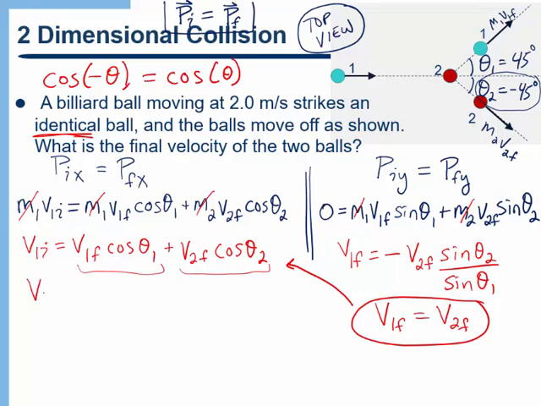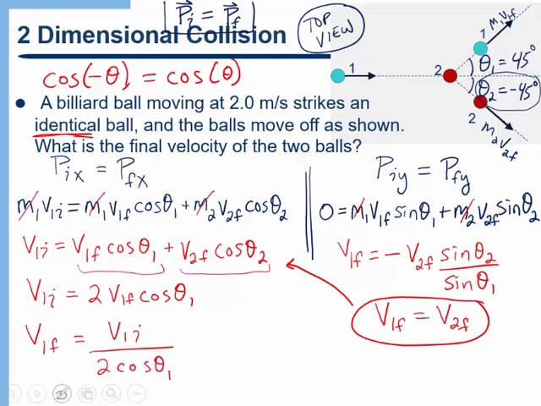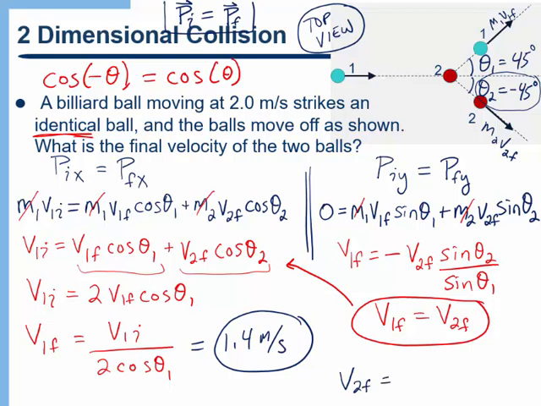So I get v1 initial is just equal to 2 v1 final cosine theta 1, or v1 final is v1 initial divided by 2 cosine theta 1. If you plug in the values, you should get 1.4 meters per second. And so both v1 final and v2 final are equal to 1.4 meters per second.